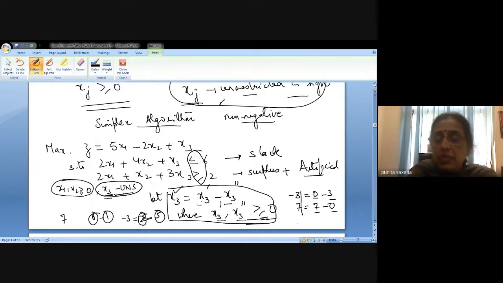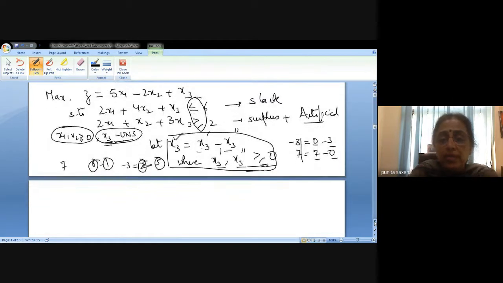So what happens is that once you solve in this manner, in the end, no matter what kind of problems you have, you will realize that never ever would it happen that in the optimal solution, both of them are present in the basis. See what is happening.